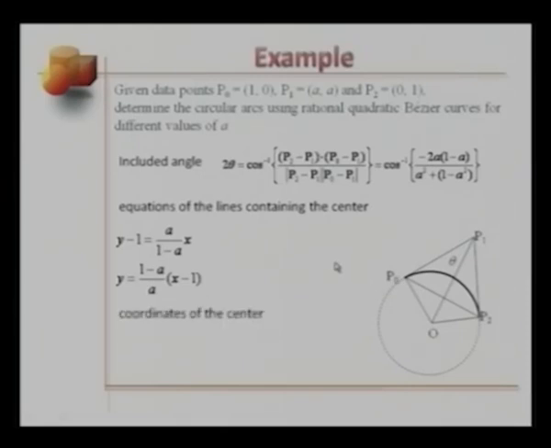You should be able to work out the algebra. Anyhow, the coordinates of the center are given by 1 minus a over 1 minus 2a, this is the x coordinate, and 1 minus a over 1 minus 2a, this is the y coordinate. And the radius of this arc is given by the square root of 1 minus a squared plus a squared over 1 minus 2a, the whole square.